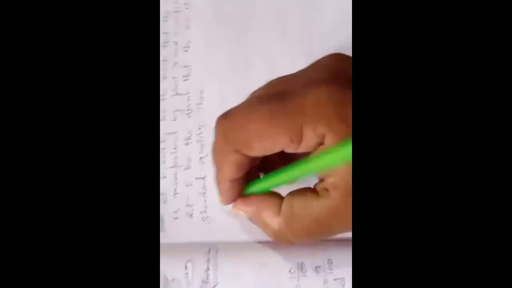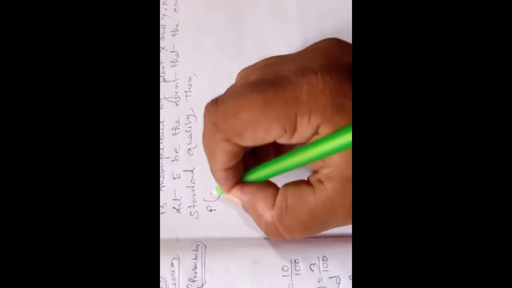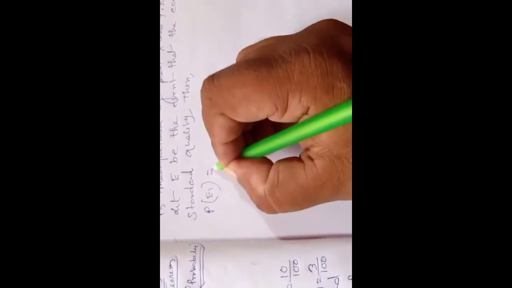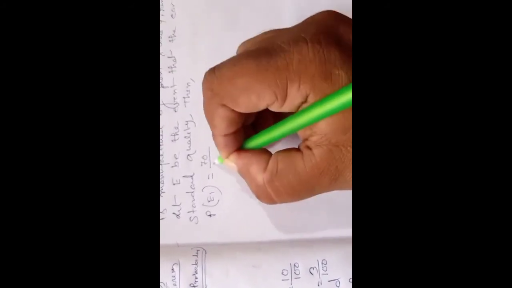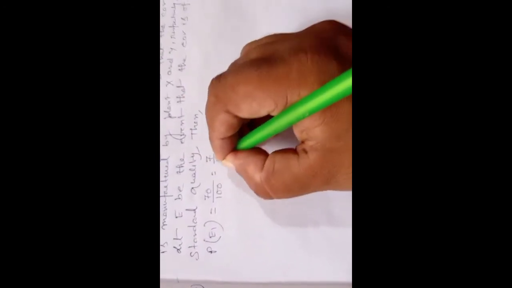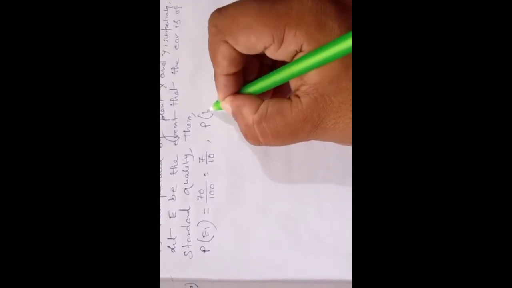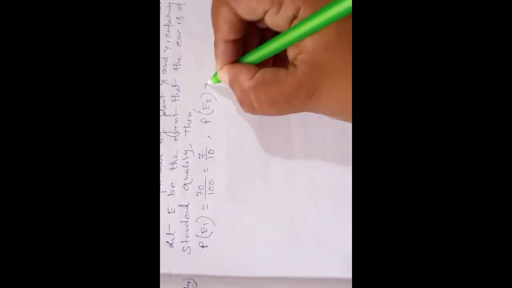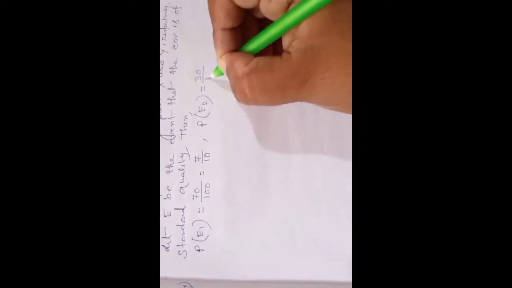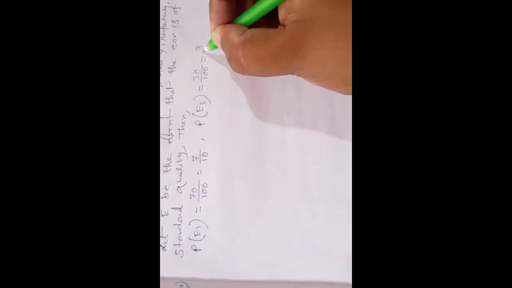Then, obviously P of E1 is equal to 70 by 100, that means 7 by 10, and the probability of E2 is 30 by 100, that is 3 by 10.